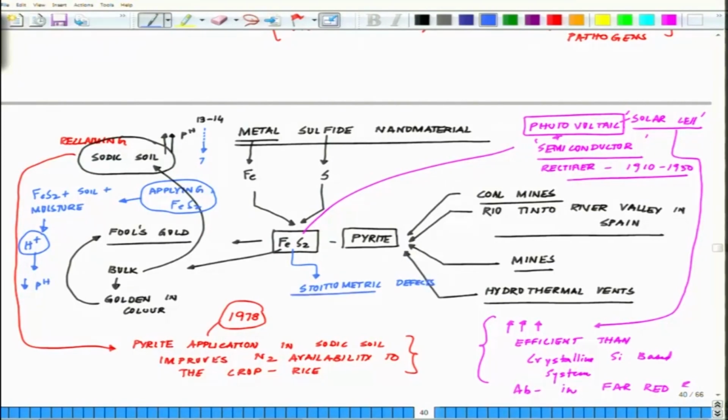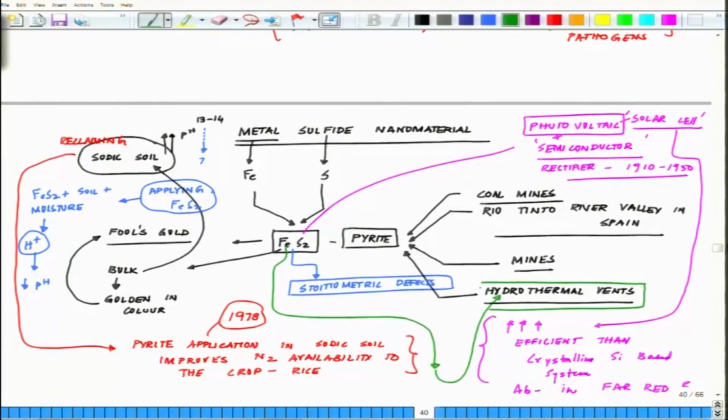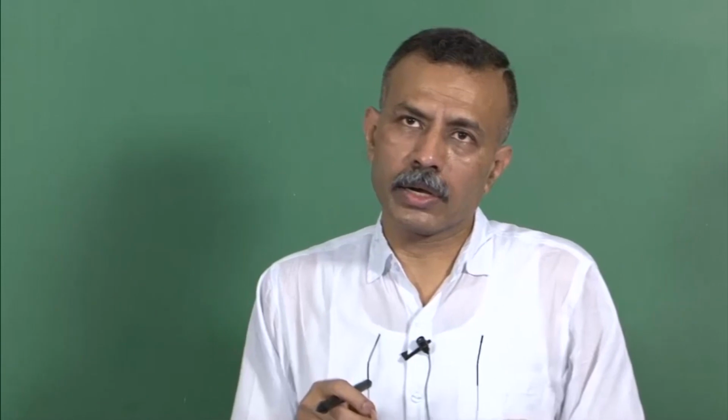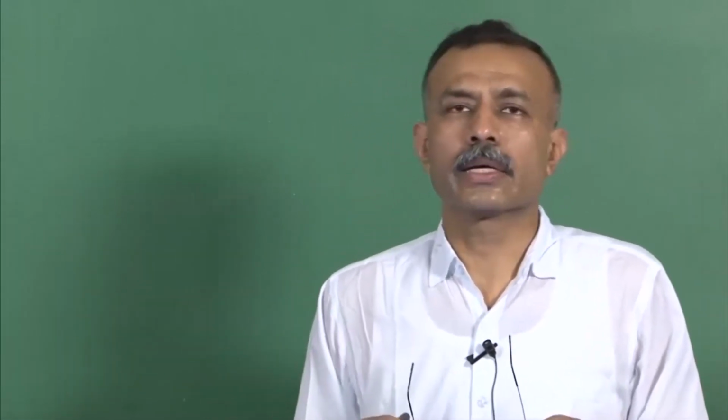So, we will continue with what is the meaning of stoichiometric defect, and from here we will go all the way deep into the dark world called hydrothermal vents, because from here started our journey of its application, a brand new application of nanopyrite, which was never discovered earlier. So, the first time it was discovered in India was as a seed treatment agent.